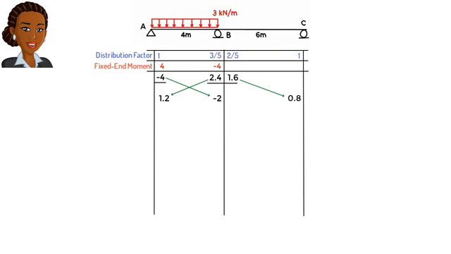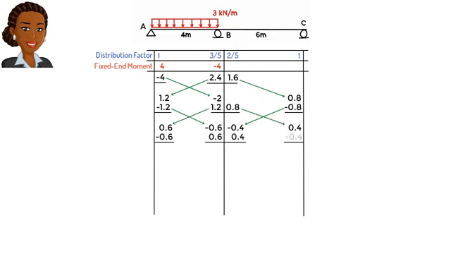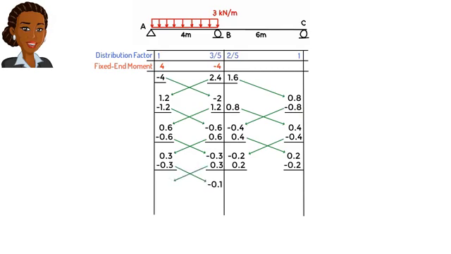Then we balance all three joints and add the carryover moments to the table. We balance the joints and carry over the moments again. After a few more iterations, it becomes clear that we have reached the end of the process.